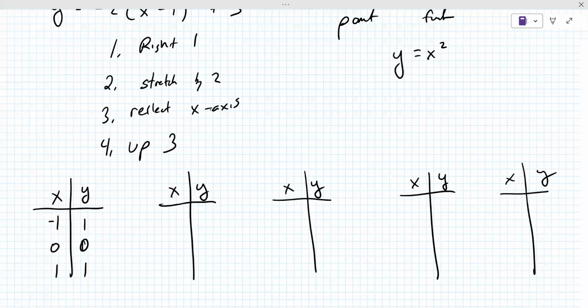So then it would be 0, 1, 2 for the x, and then 1, 0, 1 for the y. And then it would be 0 to 4 for the x. It's a vertical stretch though.